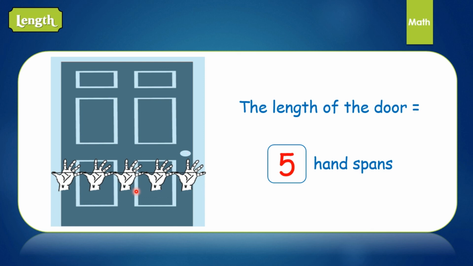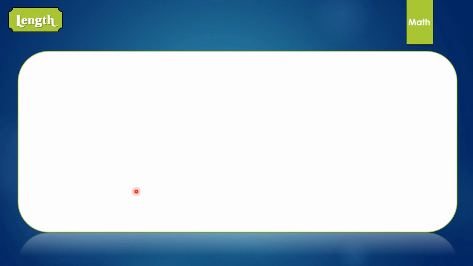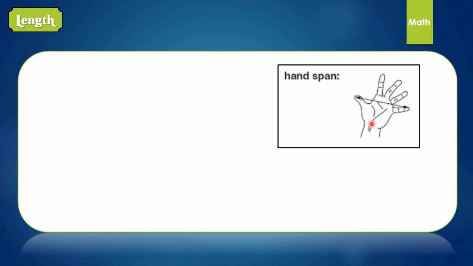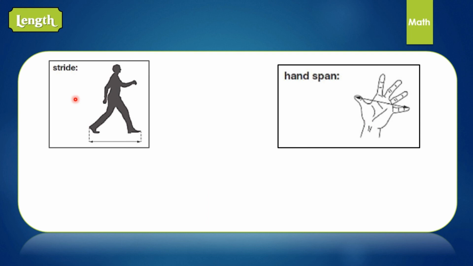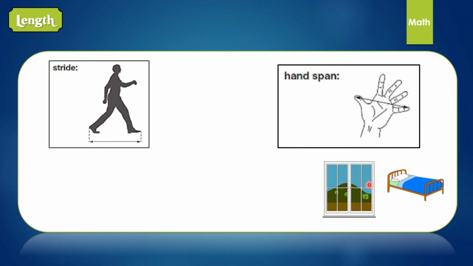Okay. Now, in general, we will say that we have two ways to measure length: hand span and stride. And as we said, hand span is for the small or short objects, like your bed, window, even a car.